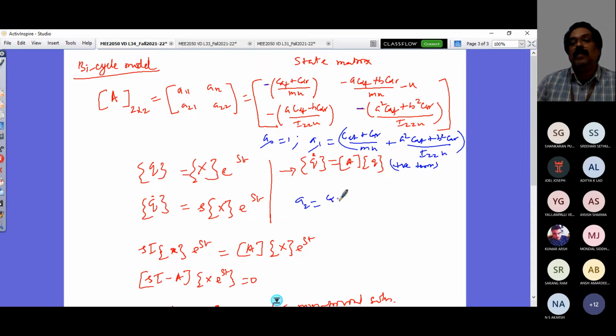So (C alpha F plus C alpha R) by mu, so minus into minus becomes plus, and this is going to be (A squared C alpha F plus B squared C alpha R) by I Z U, minus this. So see here, if I take this, this is not minus, common out, so I would have these two terms, right?